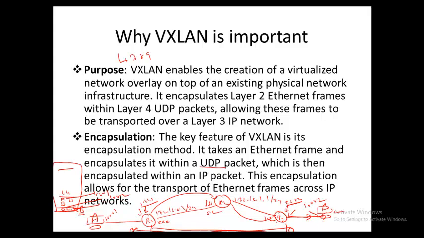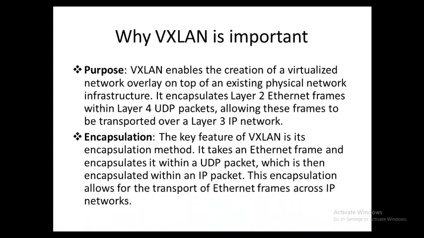This is the type of encapsulation that is done to your frame so that the original layer 2 address will be preserved, which is very important for virtualization, very important for a data center where a lot of VMs are present. So here we have seen the purpose of VXLAN: it preserves the original layer 2 Ethernet frame by encapsulating additional layer 4, layer 3, layer 2 headers.